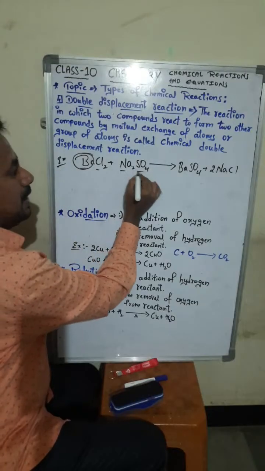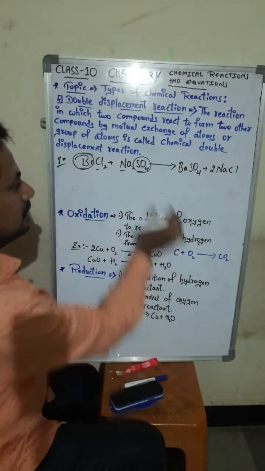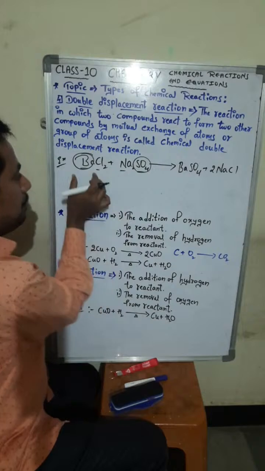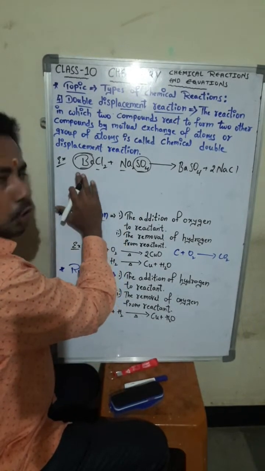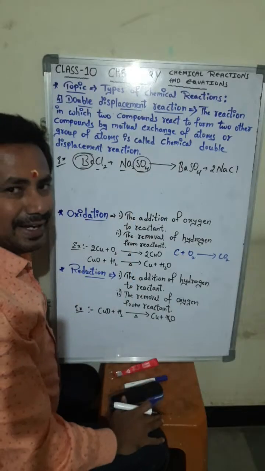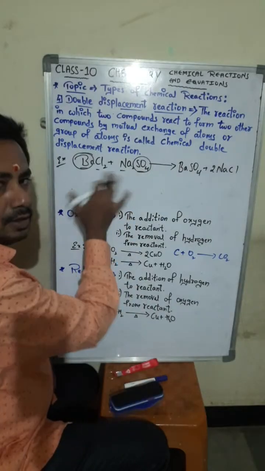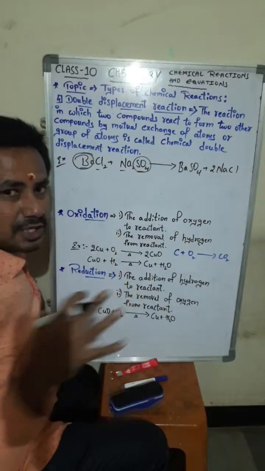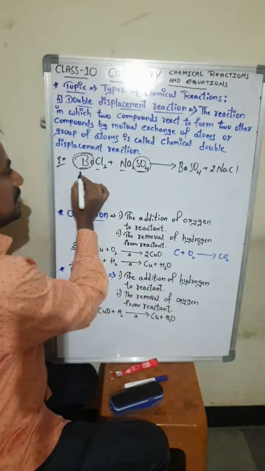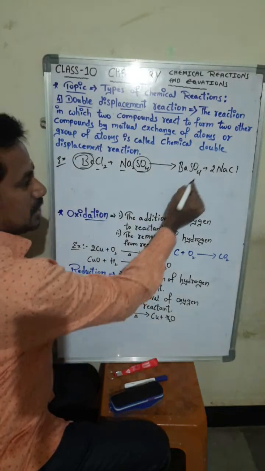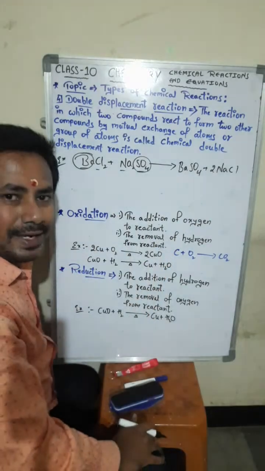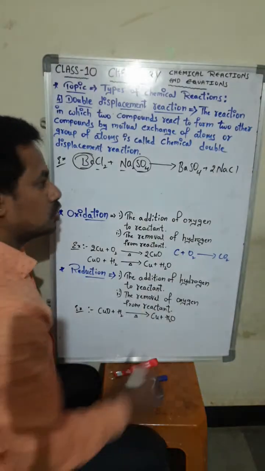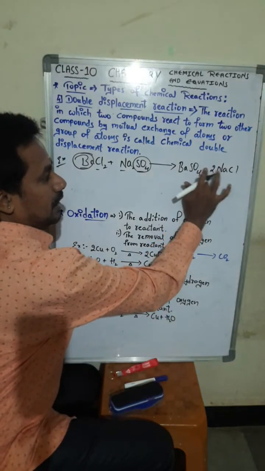Barium is combined with sulfate, giving barium sulfate. Barium chloride and sodium sulfate were initially totally different. But after the reaction, Ba combines with SO4 to form BaSO4, and Na combines with chlorine to form NaCl salt. Here a white precipitate will come, students.